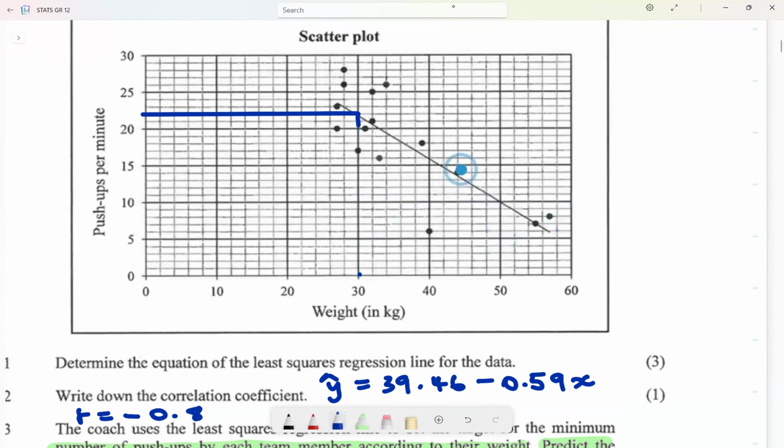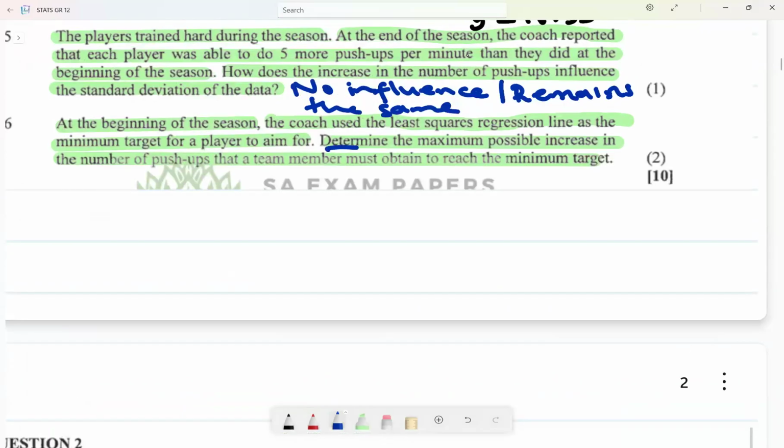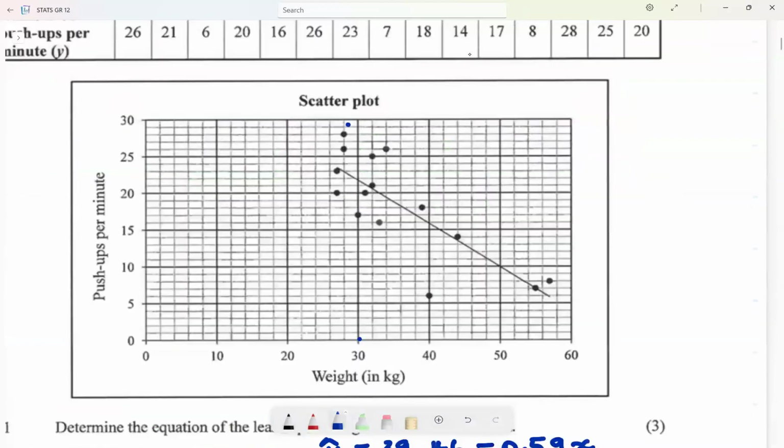But now the question says determine the maximum possible increase in the number of push-ups that a team member must obtain to reach the minimum target. So they're basically asking which of these players, can you see these points are the players?